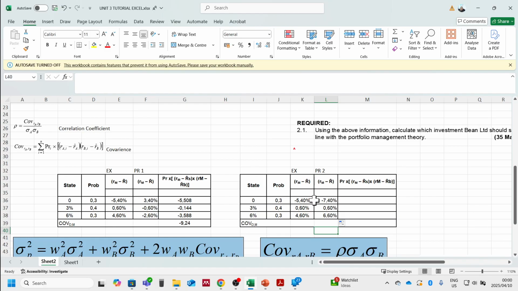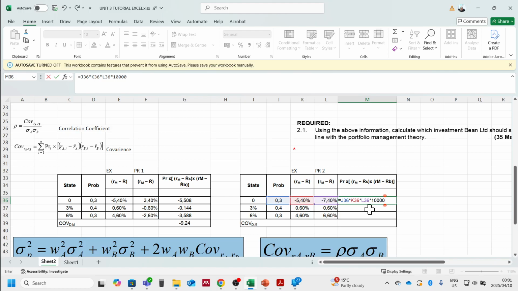So already these two negative, when we multiply them together, they're gonna give us a positive. So over here, we're then going to say the probability multiplied by the deviation of existing, multiplied by the deviation of project number 2, multiply this by 10,000 to give us the final figure in percentage format. So therefore, this is going to be 11.988%.